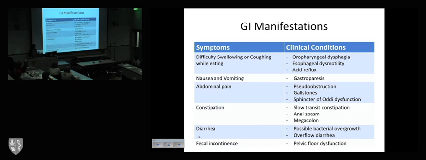Muscular dystrophy can affect the entire GI tract with symptoms of difficulty swallowing or coughing, and that can involve the oropharyngeal dysphagia, so the swallowing mechanism.